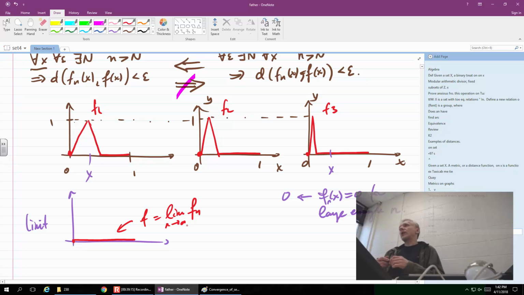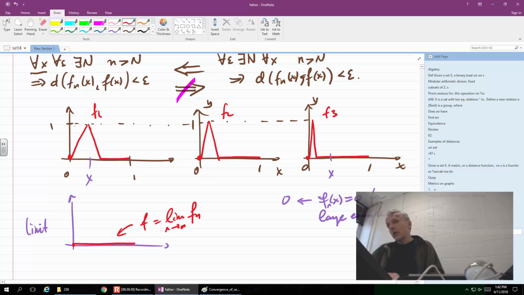That tooth, turns out, does not make any difference in that sense, because it will be so narrow eventually that it does not affect a single value of x. But on the other hand, think about now uniform convergence. What is the distance between f1 and f?